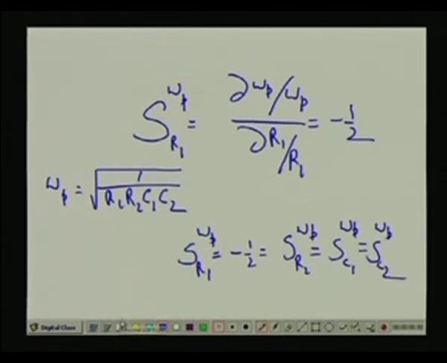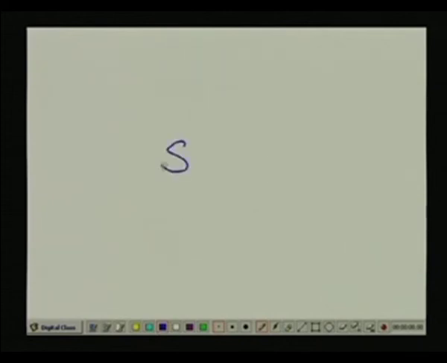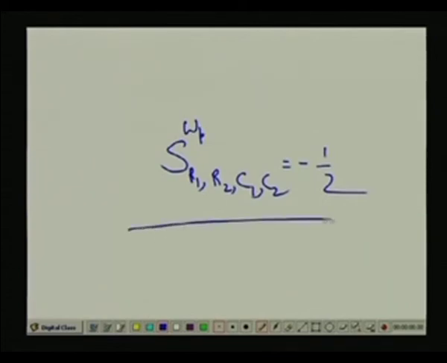In combined way, we can write S of omega p with respect to R1 R2 C1 C2 equal to minus half, right. So, this is sensitivity.